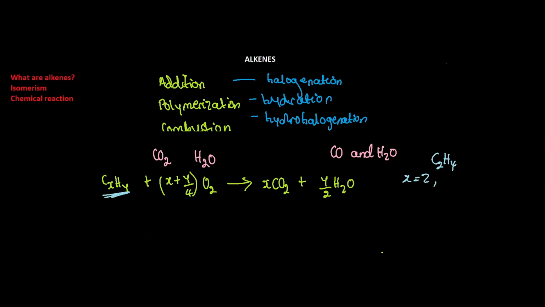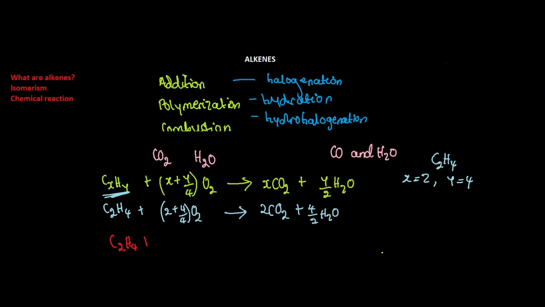Now comparing it with this, x is equal to 2 and y is equal to 4. So we'd have C2H4 plus (2 plus 4 over 4) O2, which would give us 2CO2 plus 4 over 2 H2O.